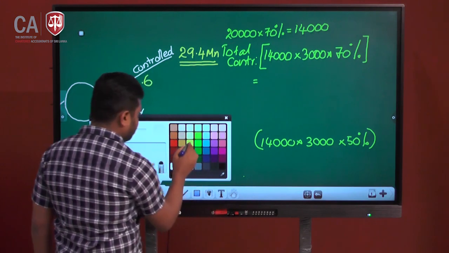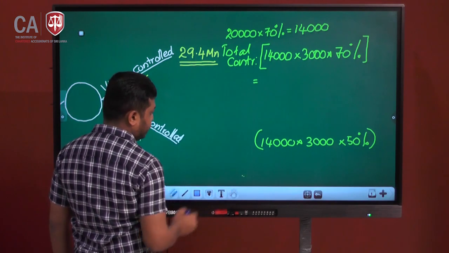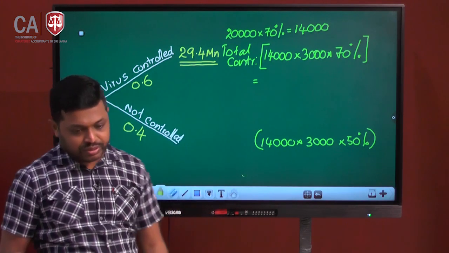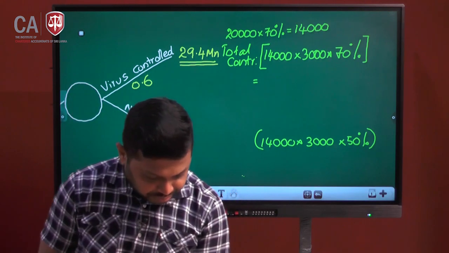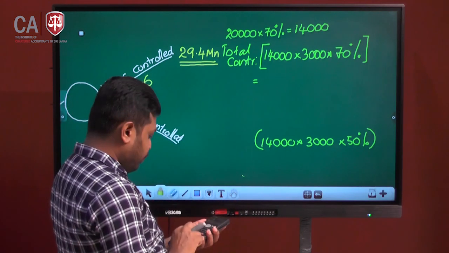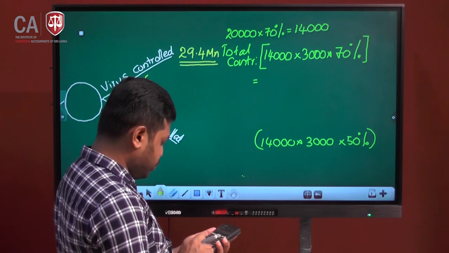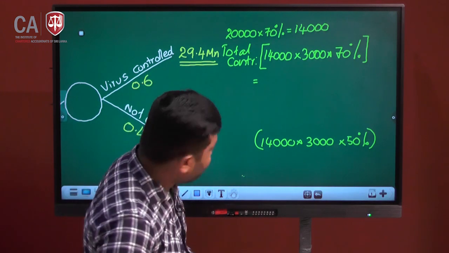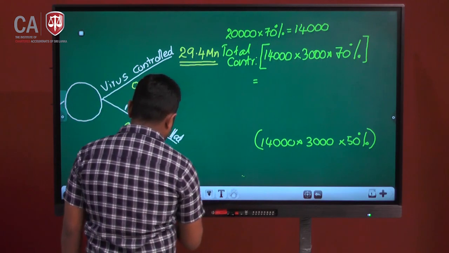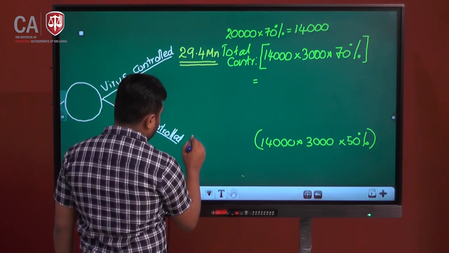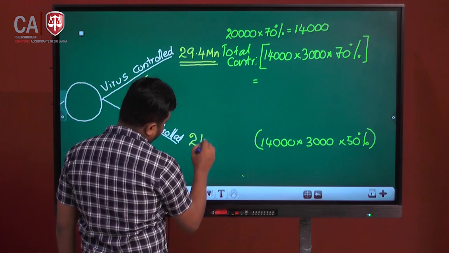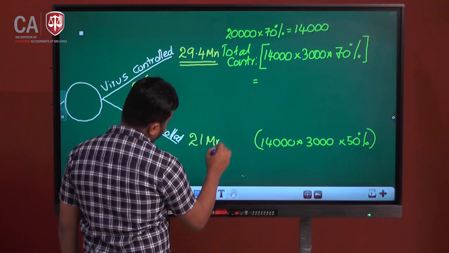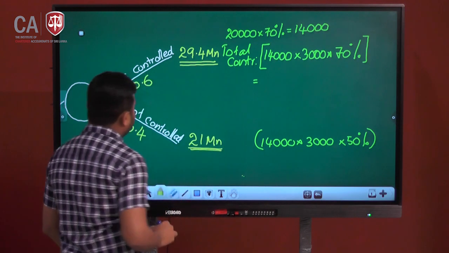Then take the answer. What would be the answer? 14,000 into 3,000 room nights into 0.5, it should be 21 million.